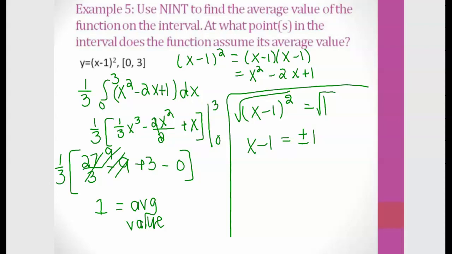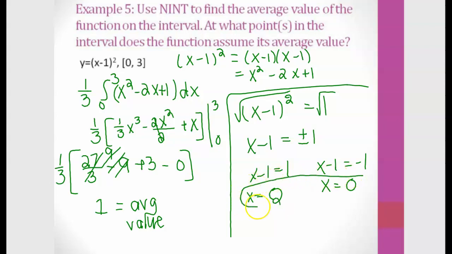But when you take the square root, you know the plus or minus, because remember, anything squared can be positive or negative. So then we say x minus 1 equals 1, or x minus 1 equals negative 1, which means x equals 0. And then if you add 1, x equals 2.